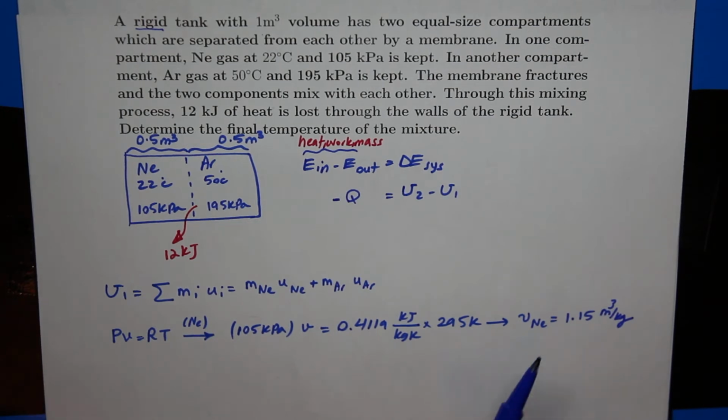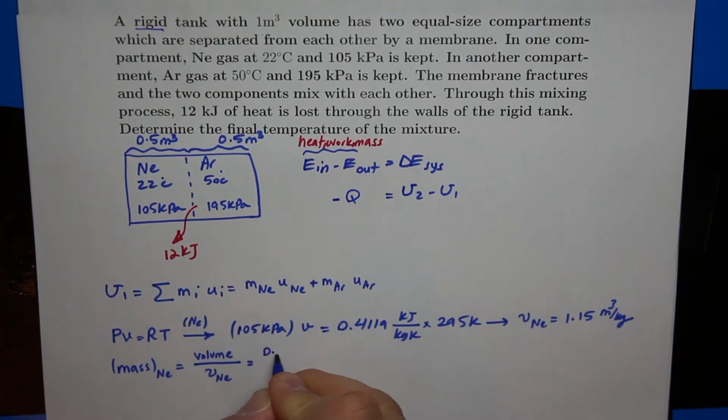Okay, now that I have that specific volume, I can obtain mass of neon gas at the very beginning, and that is going to be the volume of the compartment, the left compartment over the specific volume of the neon gas.